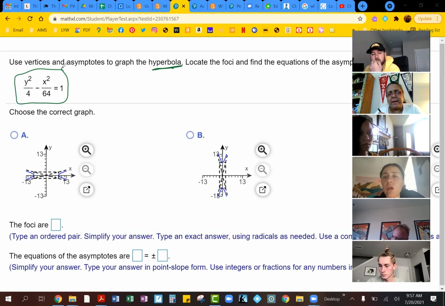Because with hyperbolas, do you tell by which variable is first, or do you tell by which one has the larger denominator? First, there's the ellipse, and there's the hyperbola.